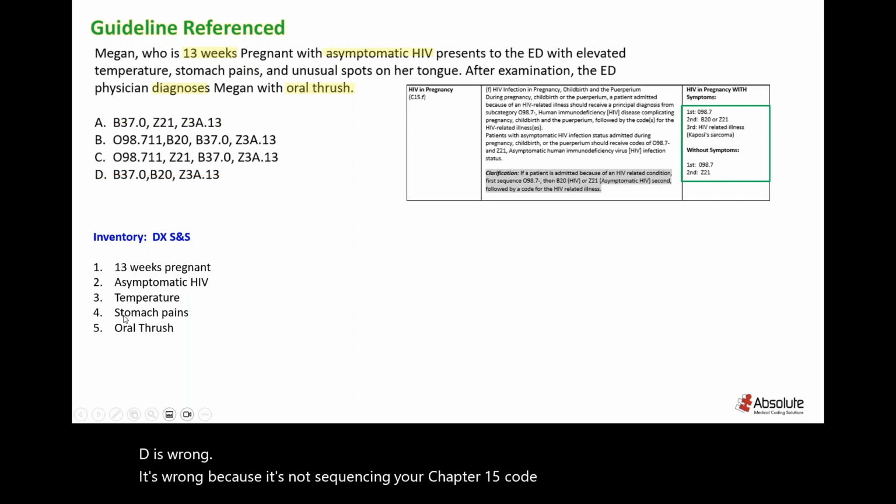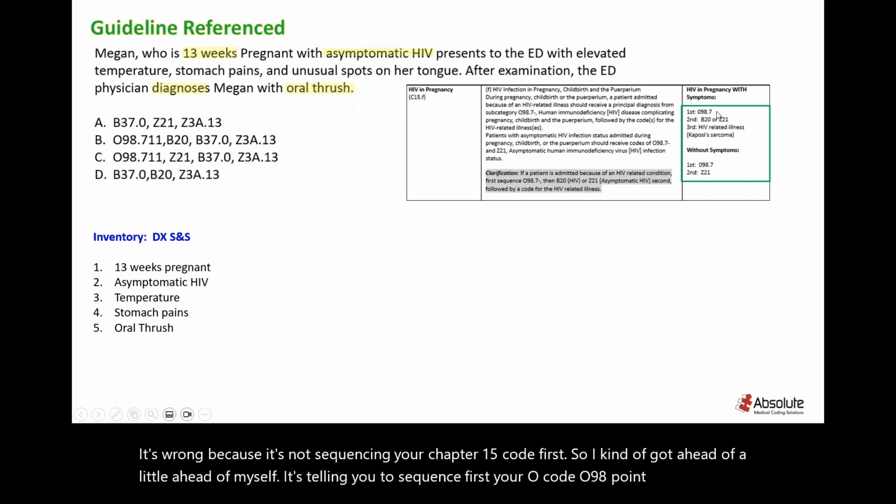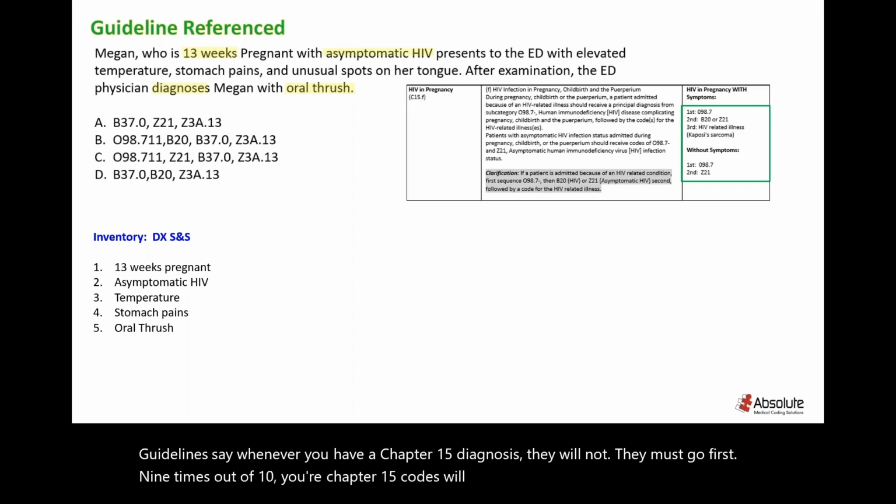So I kind of got a little ahead of myself. It's telling you to sequence first your O code, O98.7. Guidelines say whenever you have a chapter 15 diagnosis, it must go first. Nine times out of 10, your chapter 15 codes will be sequenced first.